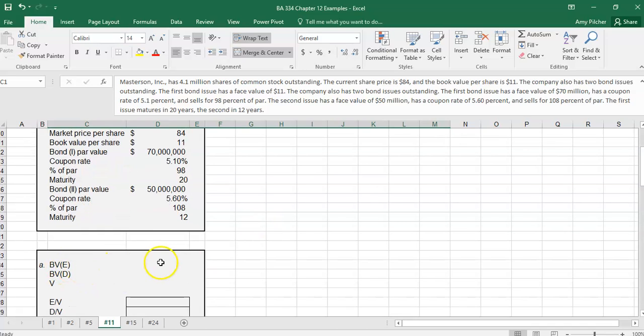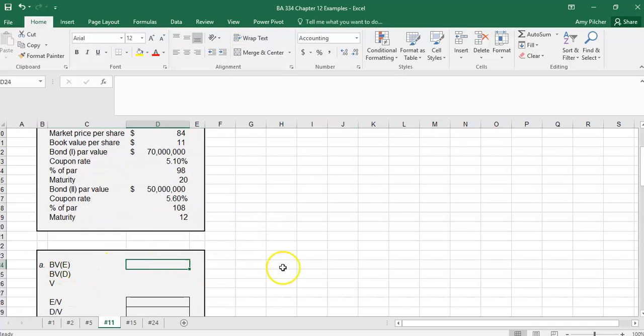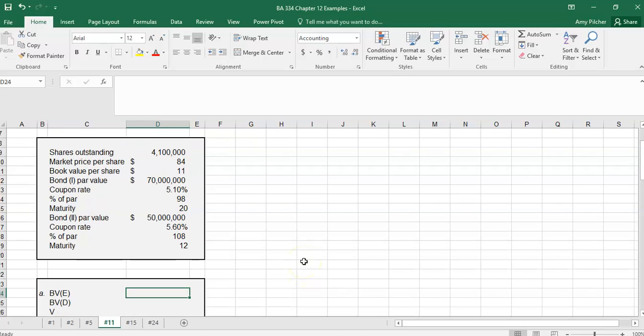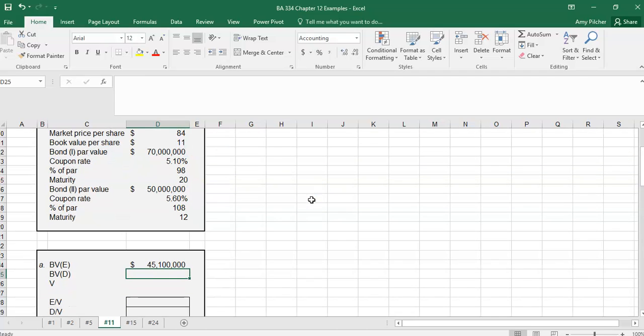So first, the book value per share. The book value of our total equity is the number of shares outstanding times the book value per share, which is $45,100,000.